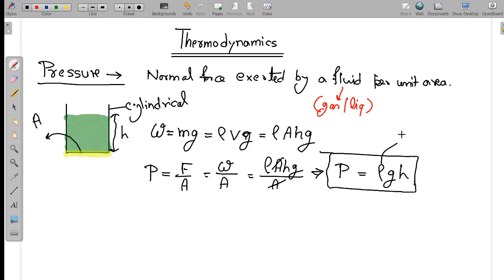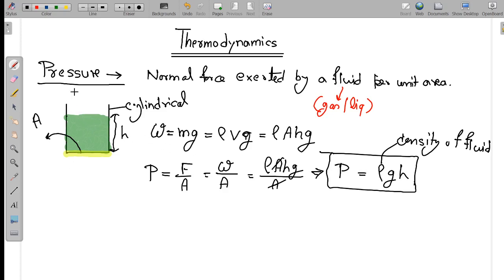Here, rho is the density of the fluid. g we already know, it is the gravitational acceleration. h is the liquid column height, up to which height the fluid is filled inside. Okay. So we can easily see that pressure is rho g h.